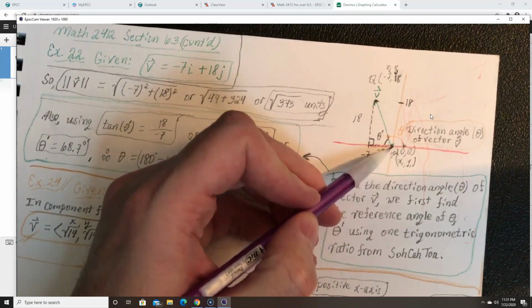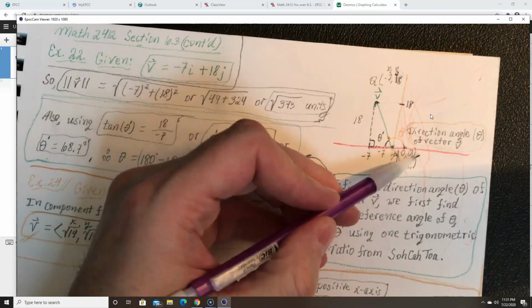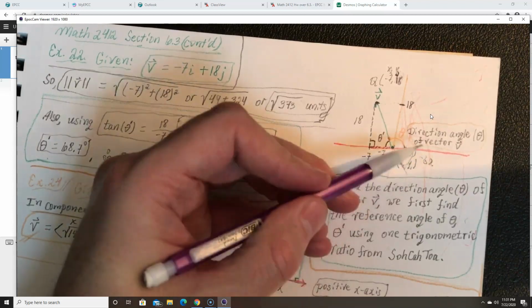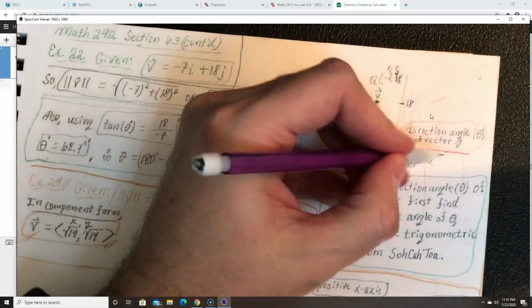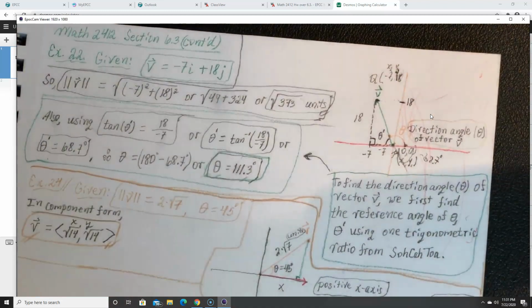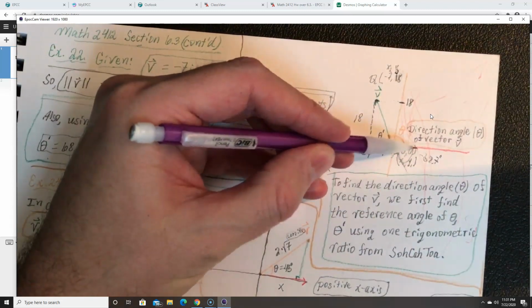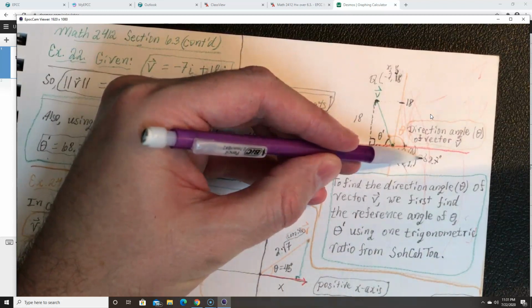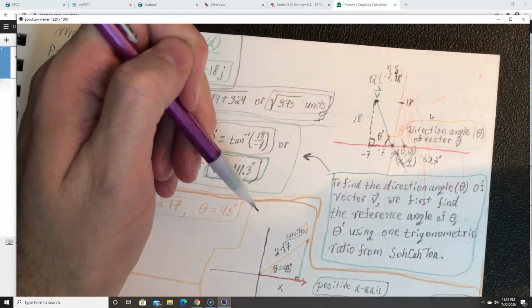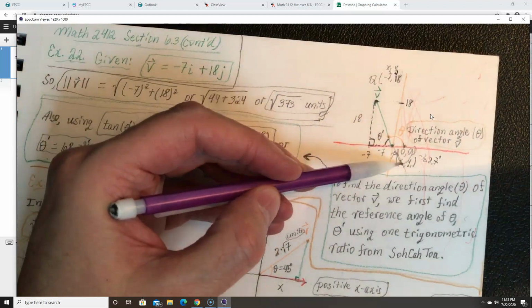So that's why it gave us this negative 68.7 degrees. From the positive x-axis this way is the negative 68.7 degrees. I know that's kind of a mess. But we don't want this one.